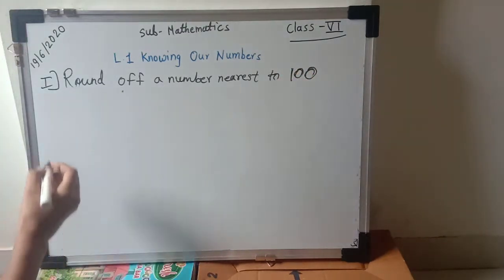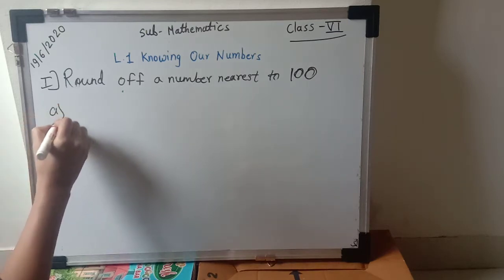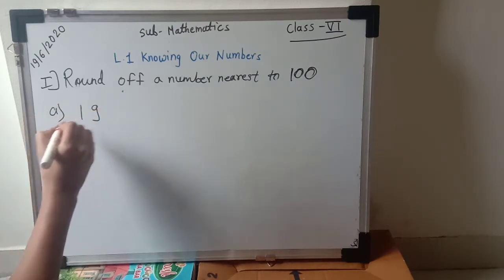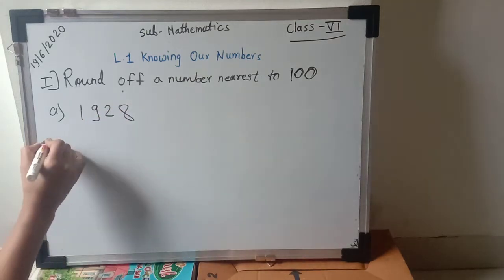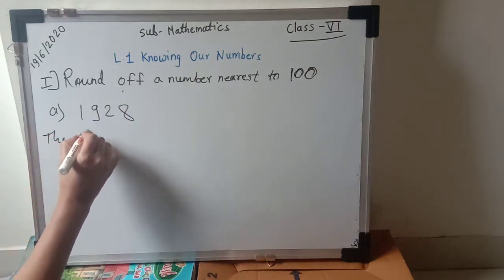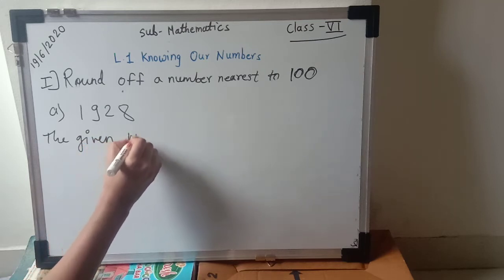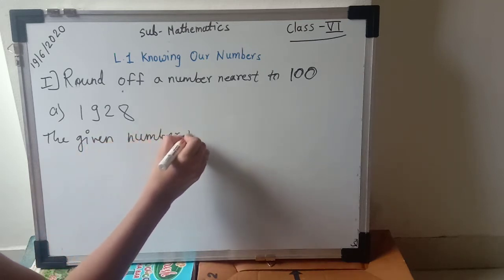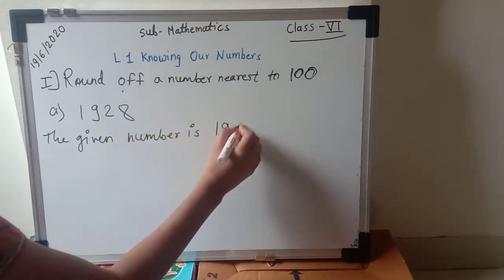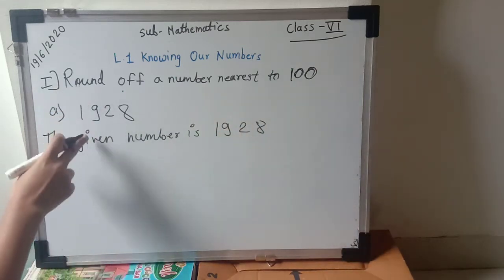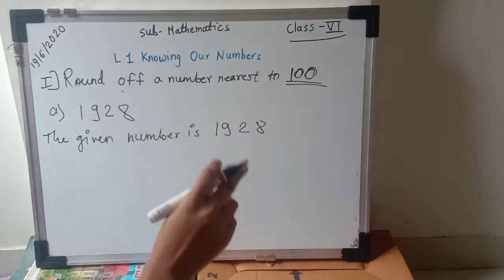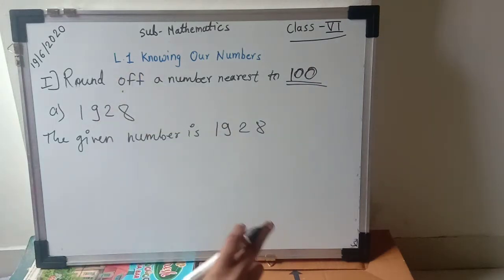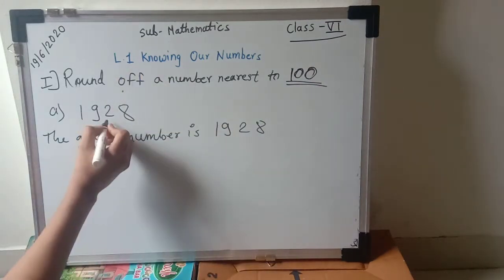Okay, now let's see the first example here. The given number is 1928. We are going to round this number to the nearest 100. When rounding to the nearest 100, which digit do we have to see? That is the tens digit.